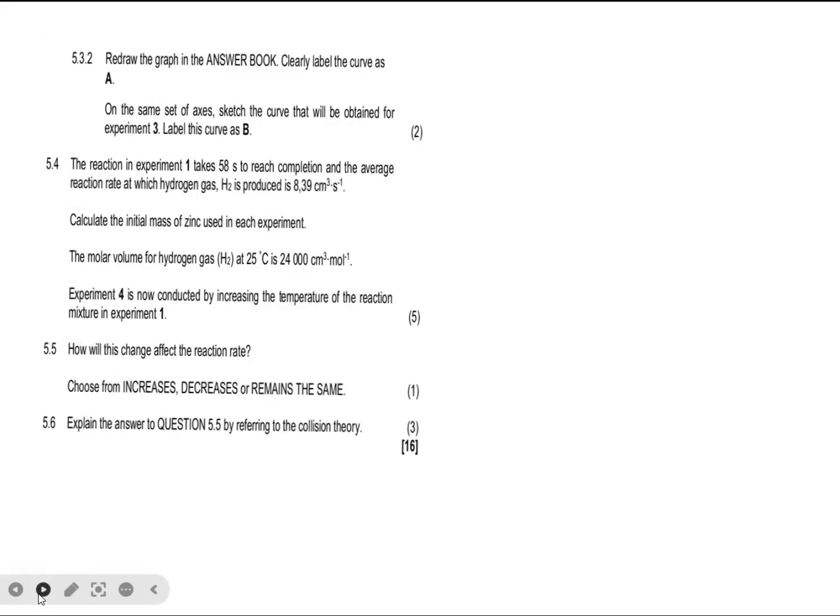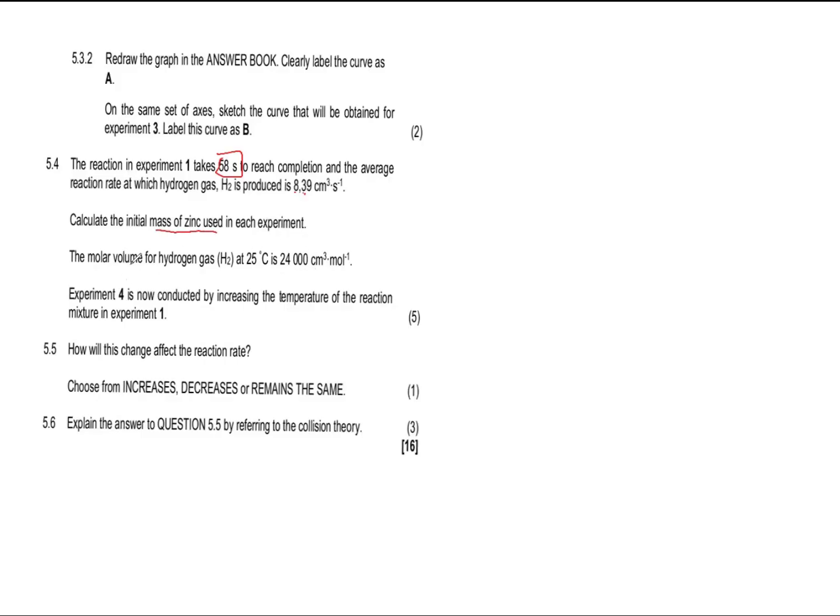Now we have 5.4. It says the reaction in experiment 1 takes 58 seconds to reach completion, and the average rate at which hydrogen gas is produced is 8.39 cm³ per second. Calculate the initial mass of zinc used in experiment 1.